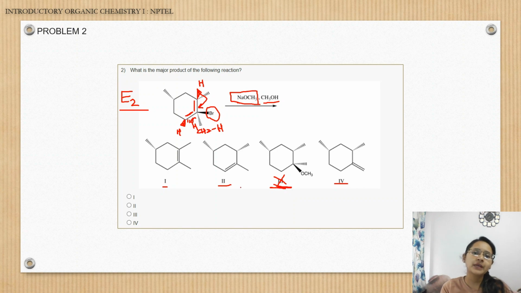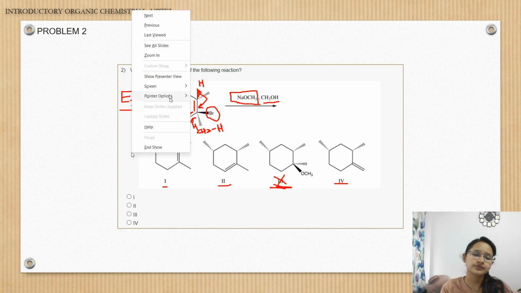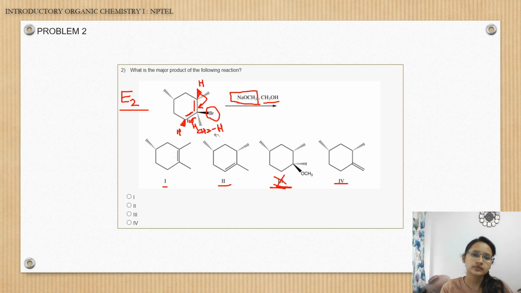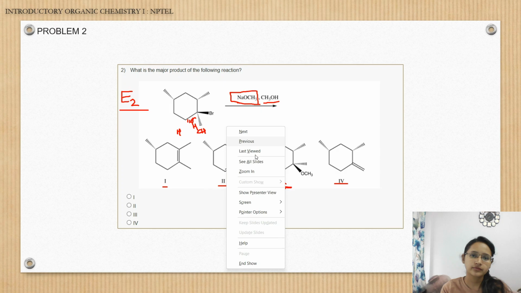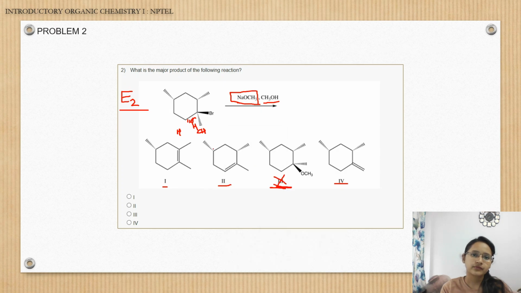So, now coming back to the question here, see, I have told you this is the above-the-plane hydrogen and this is below the plane. Here, one hydrogen is present at the adjacent carbon and that is above the plane. I have also told you the rule is that both the proton and the leaving group should be anti-periplanar to each other, that is, anti to each other.